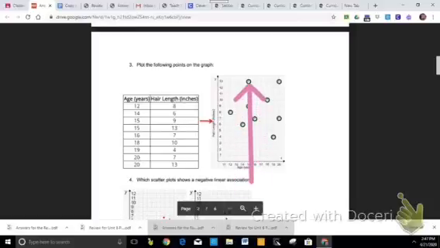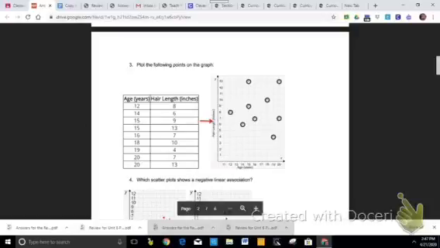So we go to 15 and all the way up to 13. So we have 2 dots on the X is 15. 16, comma 17.